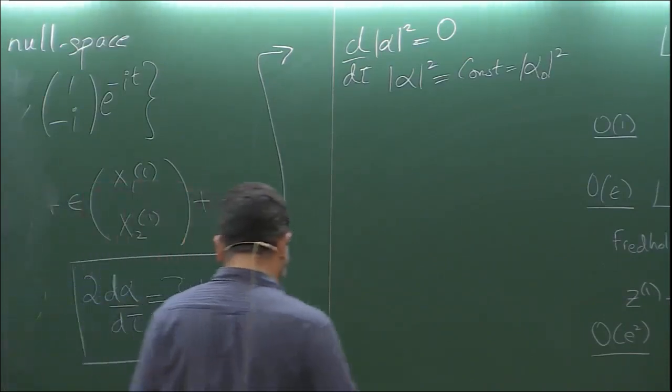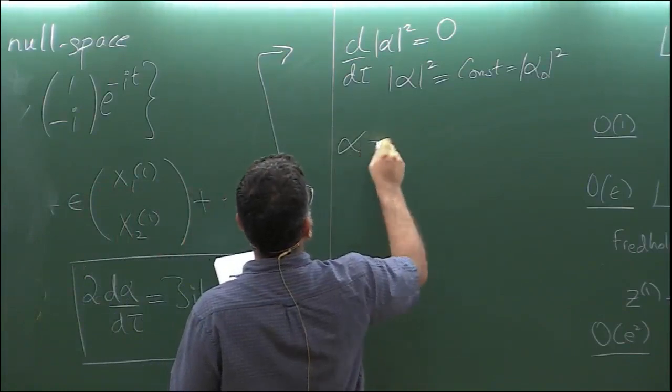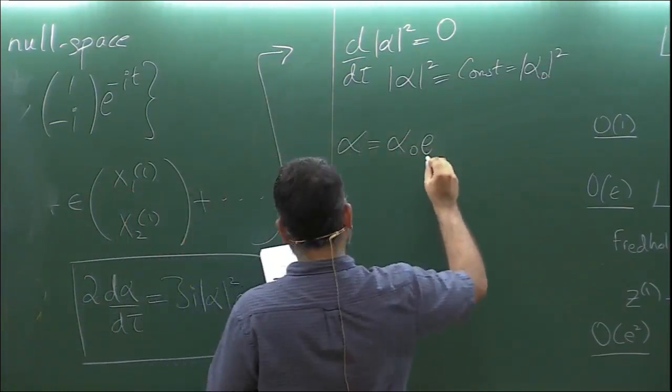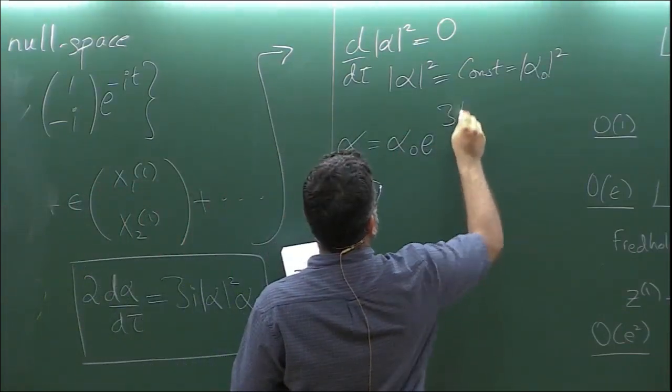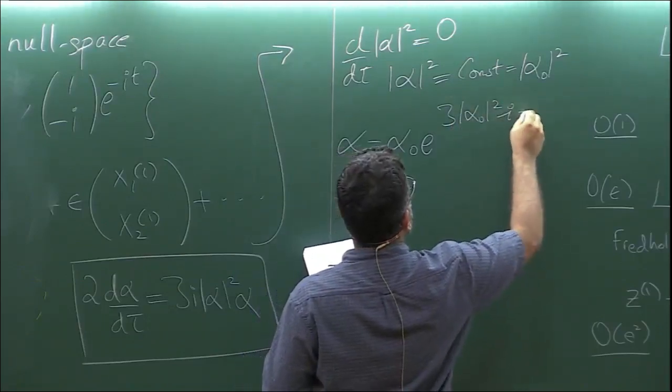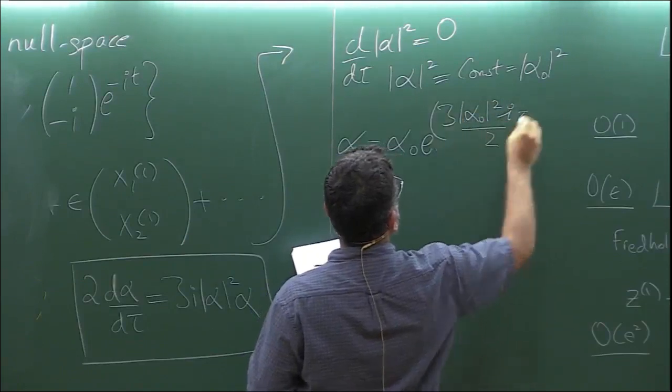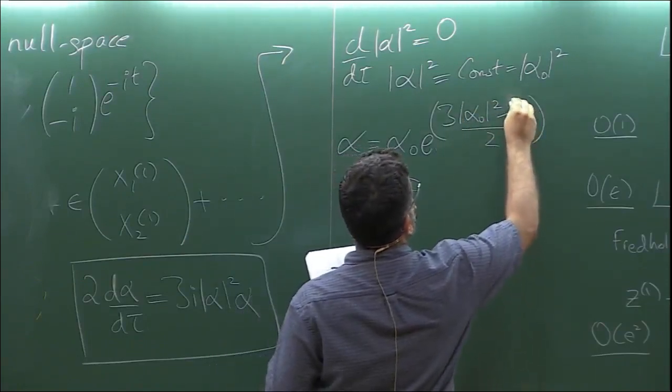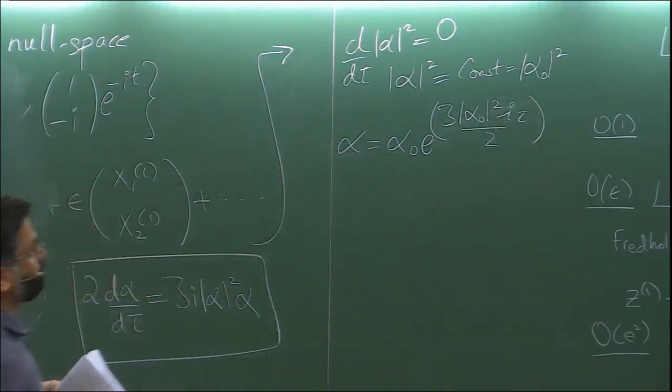Okay, so then I'll just write down what alpha is. This says alpha naught e to the 3 alpha naught squared i τ by 2. Okay? So, in this case, it turns out I can actually write down what alpha is.